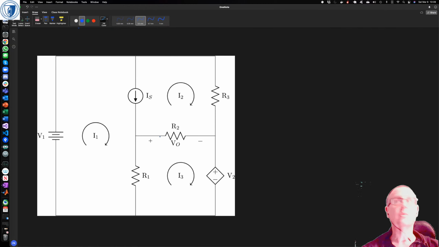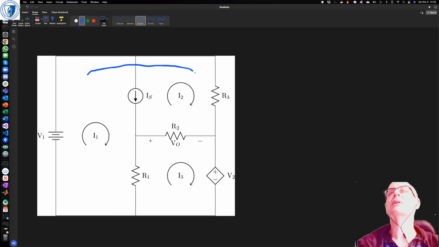Okay, so for this one, the super KVL has to use I1 and I2 and avoid IS. So we probably want to go around like this.